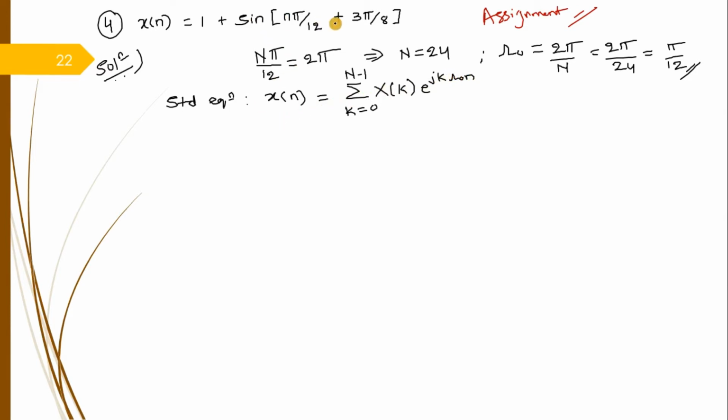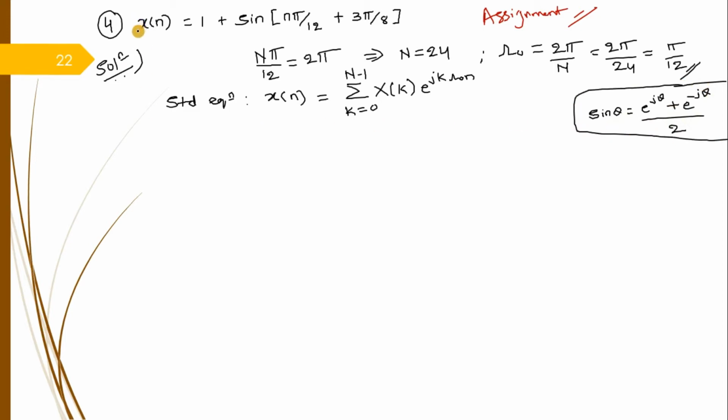So x of n is given here. Now we know that sine theta is given by e raised to j theta minus e raised to minus j theta, divided by 2j. This is Euler's formula, which we have already come across many times in the previous sessions.